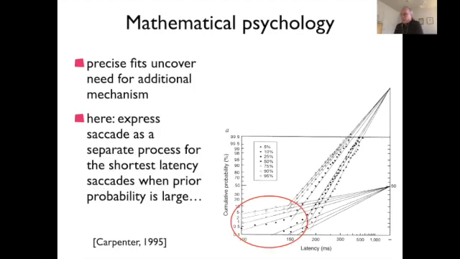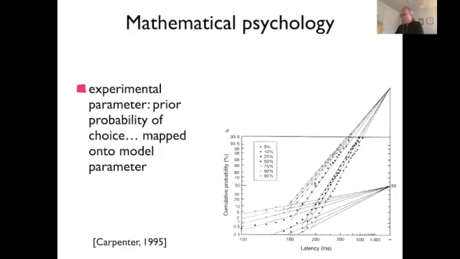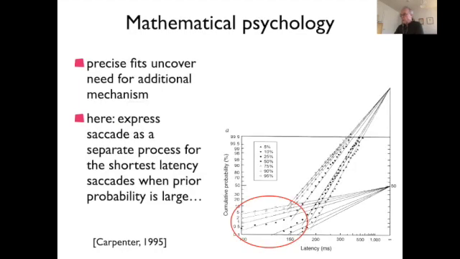Is that useful? It's descriptive of that law. It sort of captures the law, describes the law. It's actually useful as an analytical tool when it fails. For instance, in this data, you see that there are two linear functions needed to account for the data. There is some odd stuff happening with the very fast saccades, which occur a lot when the target is very likely, when you know it's going to be this target. These are called express saccades, and there is some neural information in the meantime about them.